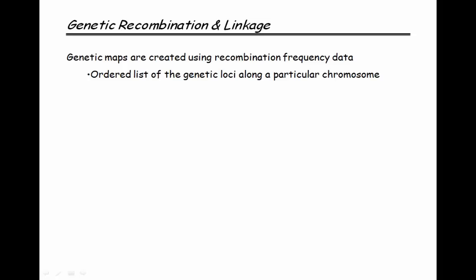Now you could get this same kind of information from genome sequencing, but genome sequencing is extremely expensive and time consuming, and there really is no way to sequence the genome of every single organism that is out there. So this is a very cost-effective way to sequence some of those organisms that people are not willing to spend quite as much money on as, say, the Human Genome Project.